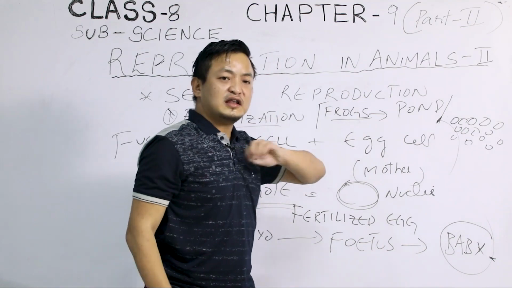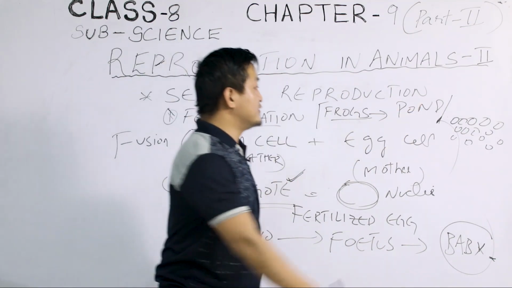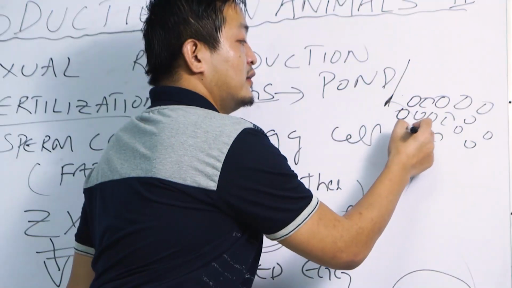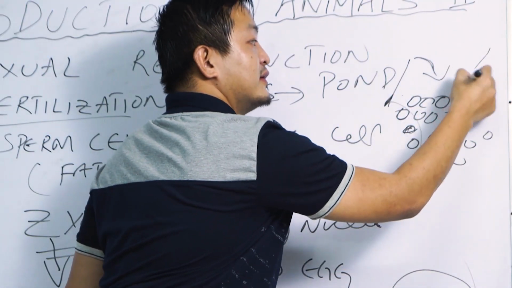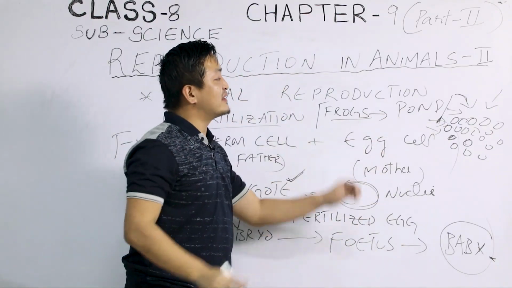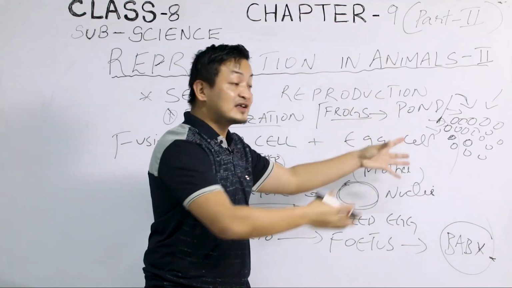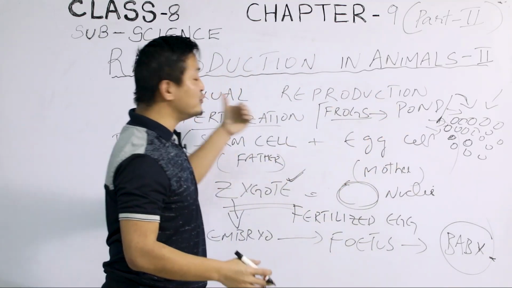The female frog lays her eggs, and the male frog produces the sperm. This is how external fertilization takes place in the frog, unlike human beings.